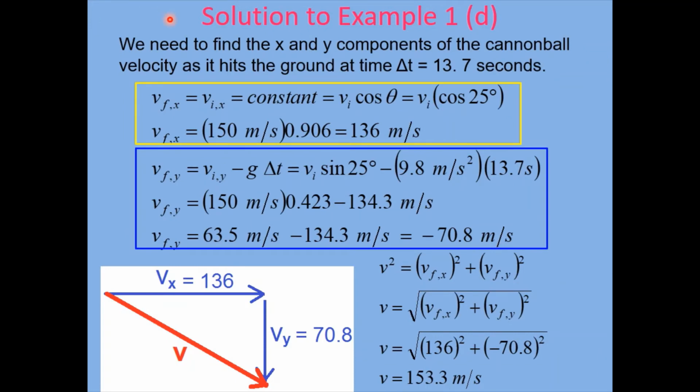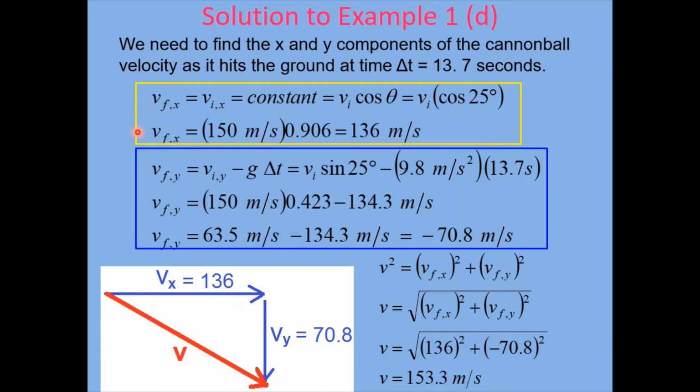The last part of this projectile motion problem is part D, where we are asked to find the final speed of the cannonball when it hits the ground. So to do this, we're going to need to find both the x and y components of the cannonball velocity as it hits the ground. We know that it hits the ground at a time 13.7 seconds after it was launched. So let's first find the x velocity of the cannonball.